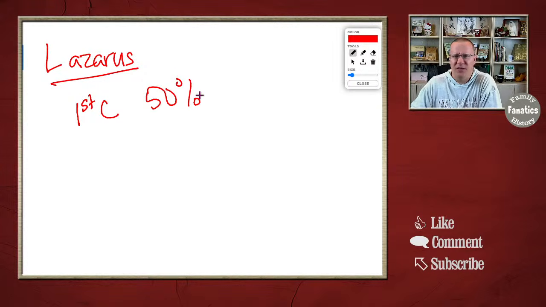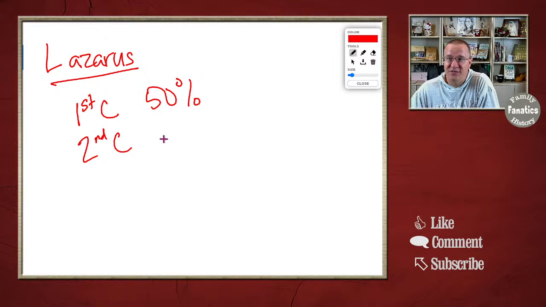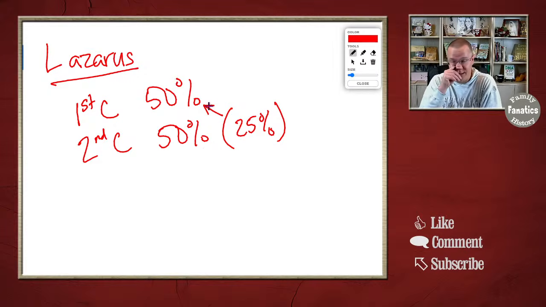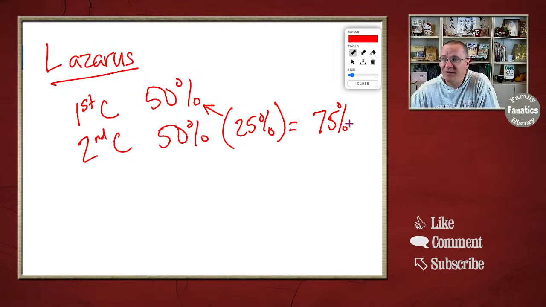you, being the first child, you only got 50% of your dad's DNA. Now you got a sibling, so we'll say that's the second child. Well, they also got 50%, but only 25% of that is unique from what you have. So really, by adding these 2 kids, you get about 75% of your dad's DNA, roughly.